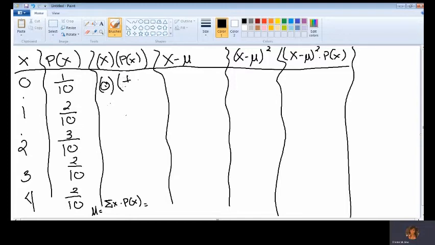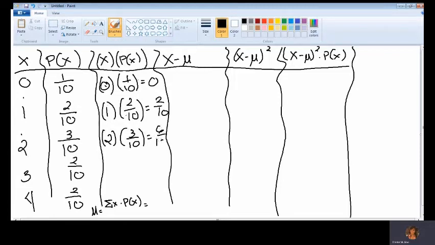For 0, that will give us 0. 1 times 2 over 10 gives us an answer of 2 over 10. 2 times 3 over 10 is 6 over 10. 3 times 2 over 10 is 6 over 10. Lastly, 4 times 2 over 10 is equal to 8 over 10.